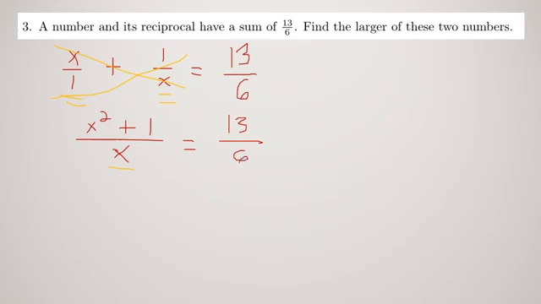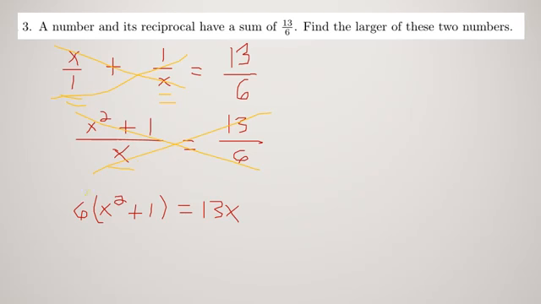Again, cross multiply din. So, that's 6 times x squared plus 1 equals, second part, 13 times x, 13x.